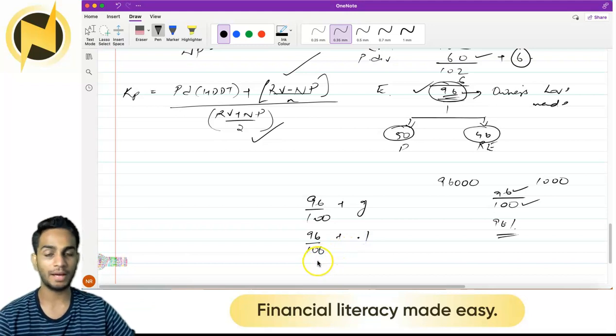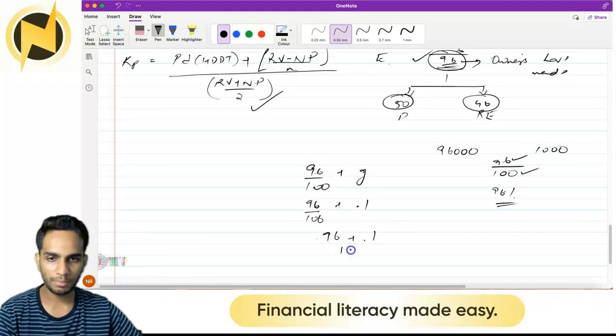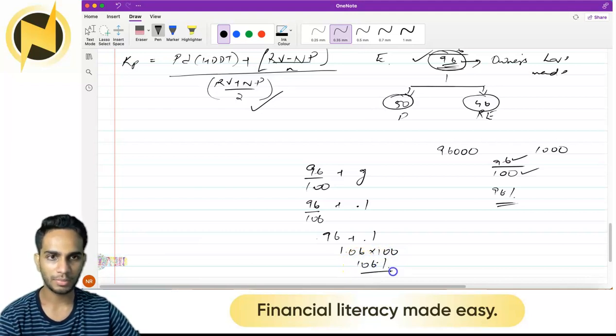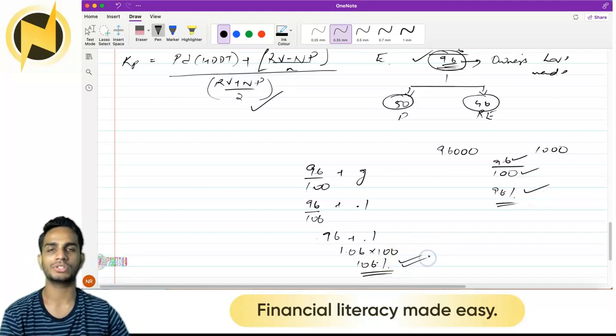So 96 divided by 100 is 0.96, plus 0.1, that is 1.06. Expressed as a percentage, you multiply with 100 and get 106%. So 96% grew to 106%. Clear? That's all you have to do.